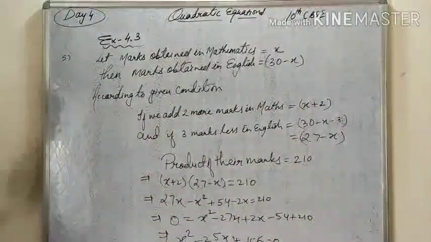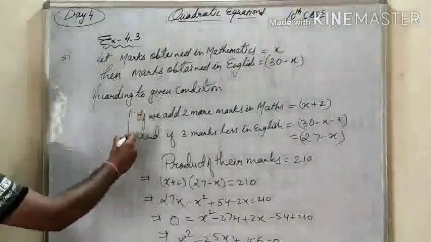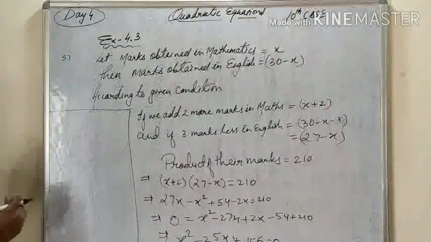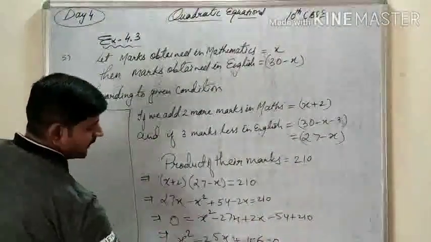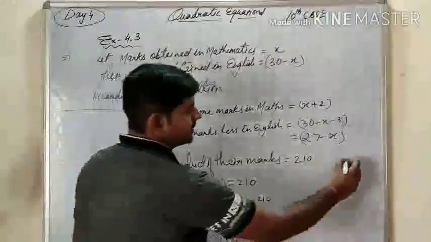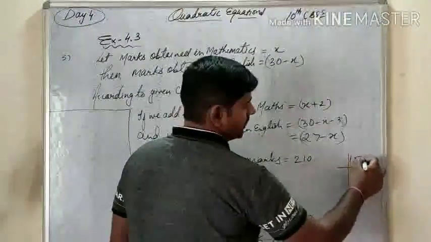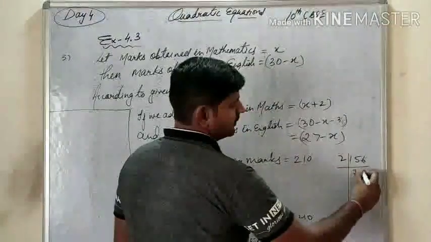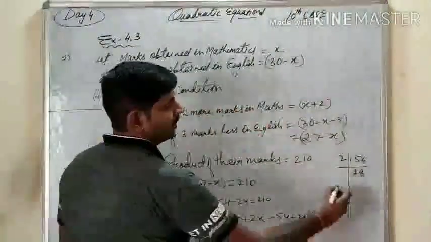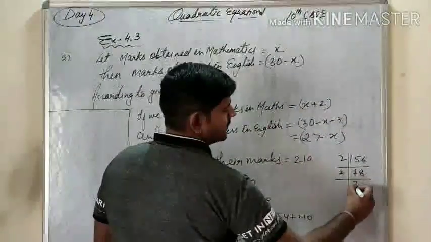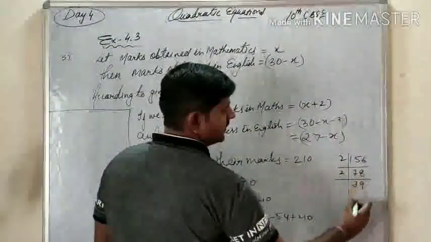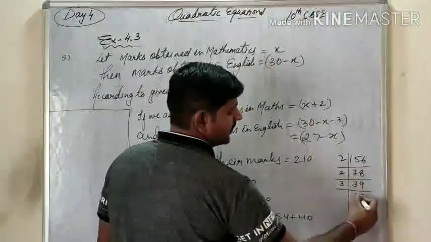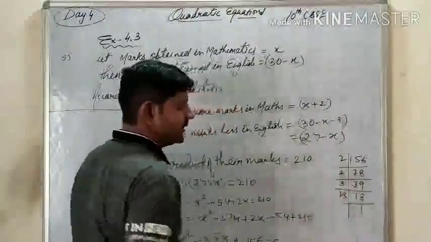Let's solve this equation. This is 25 and we are finding 156. So we can factorize 156. If I divide by 2, we get 78, then 39, then divide by 3 to get 13.